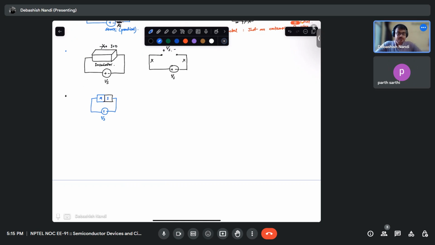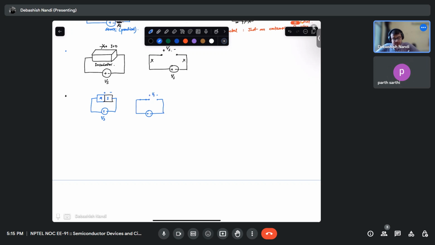Vs will come across the insulator, right? Yes, sir. Because again my metal will act like a short circuit, and Vs will come across the insulator.